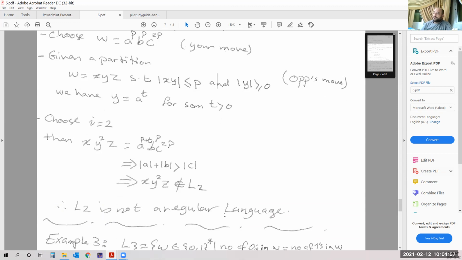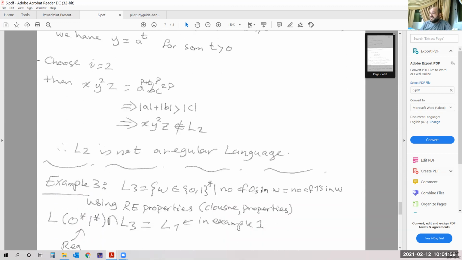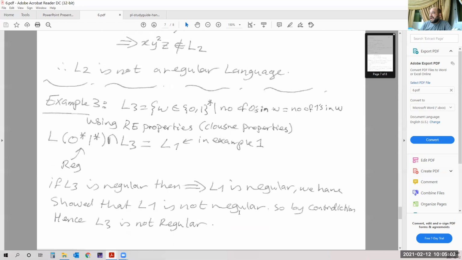Okay. Now example 3. L3 equals w that belongs to {0,1}*, where the number of zeros in w equals the number of ones in w. This is the language.